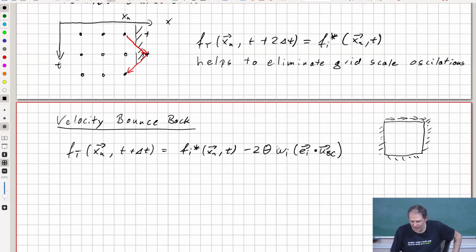Anyway, so there's a prefactor that we need, and what this basically does is adding or subtracting the velocity of the moving object twice. You have heard that you have a momentum exchange with a wall. You throw a ball against the wall, and it's coming back.